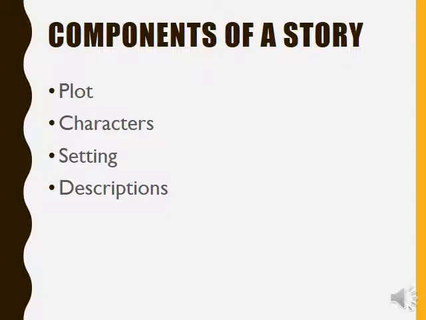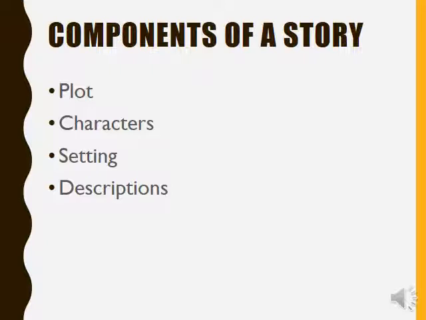Now, there are some components of a story, some elements of a story. We have to follow these elements in the narrative writing in order to have a good paragraph at the end. So the elements of a story are the plot, the characters, the setting, and the descriptions. What do we mean by plot? We mean by plot the beginning, the middle, and the end.